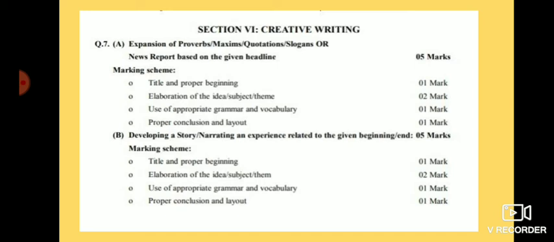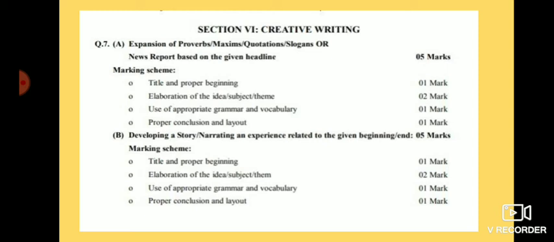You should develop a story. The beginning will be provided to you and by using the beginning you have to develop a story. A beginning or ending also they will provide, and using both you have to develop a story, a moral story or your own story.